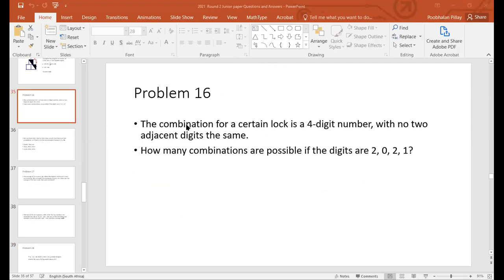Right. So let's see. This is a combination of a lock. I'm quite sure that all of you will know what that means. So you got some kind of a lock. Many of these bags have these locks.